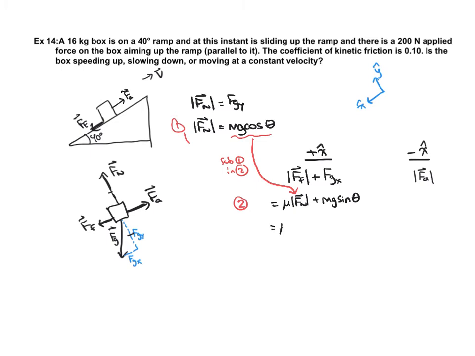So that's going to be mu mg cos theta plus mg sine theta. I'll factor out mg, and substitute.